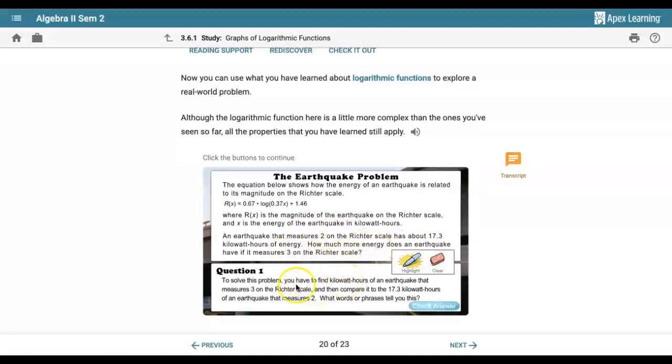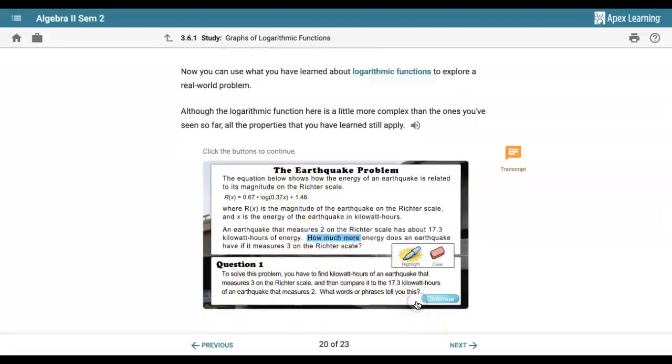In order to solve this, we're going to have to find the kilowatt hours of an earthquake that measures a 3 on the Richter scale. And we know the energy for the last question here. Since it's asking how much more, we're going to have to solve for the energy, then do a subtraction.